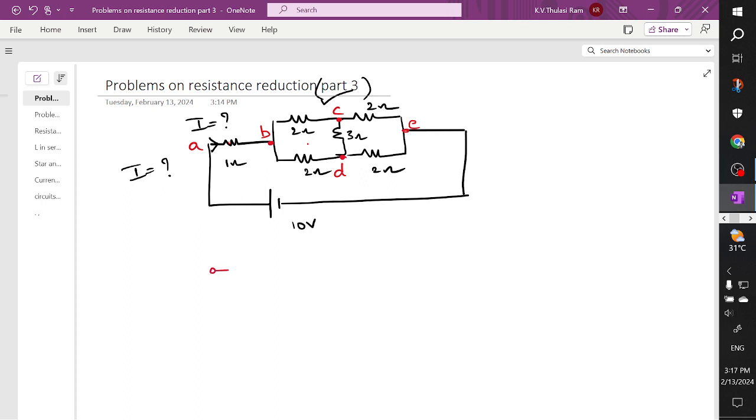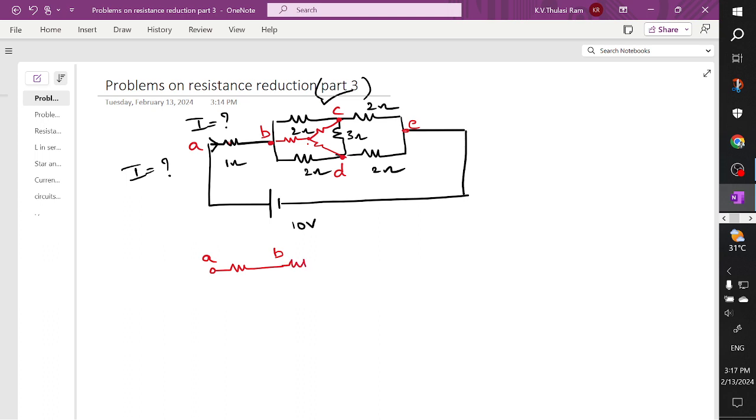So here we are going to get one resistor between A to B, and you see here this is a delta connected system. Okay, so we need a star connected system like this. So this is our star connected system.